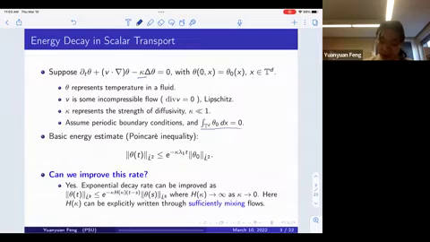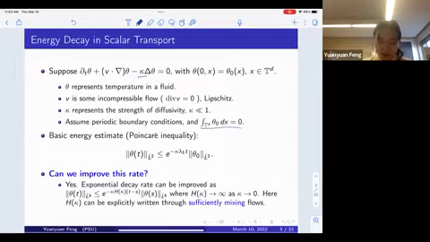Since v is divergence free, if we restrict the initial data to be mean 0, then we can see that theta would always have mean 0, right? So theta would always lie in this mean 0 space.